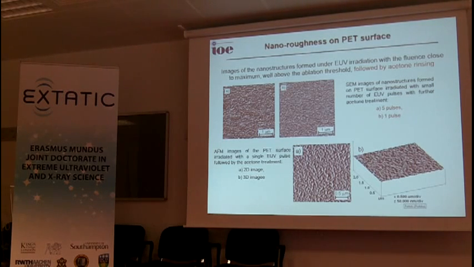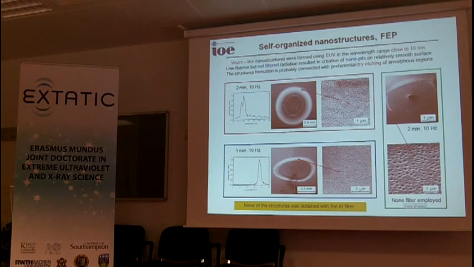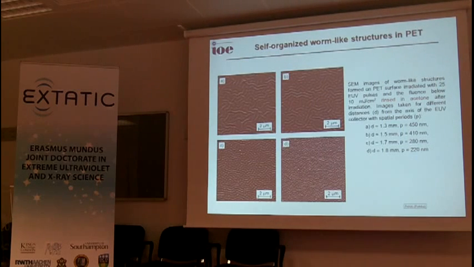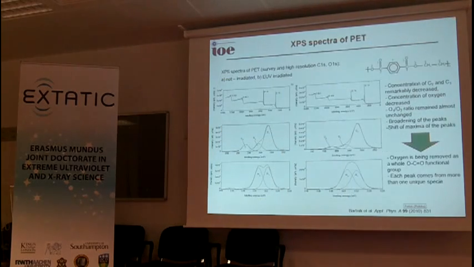We obtain such nanostructures. There are also some self-organized nanostructures. Everything was obtained by Andrzej Bartnik and co-workers. This is an example of these worm-like structures, which can also be observed using traditional techniques with lasers and plasmas.